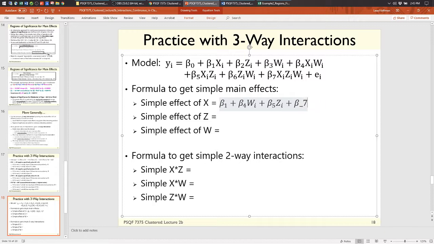Beta 7 times what? Yeah, we're gonna go w and z. Doesn't matter, but it's in the same order as written otherwise. There. So that means that if I want to be able to predict what the model says the effect of x is going to be, I have to give it values for w and z to put here. It's conditional on both at the same time.